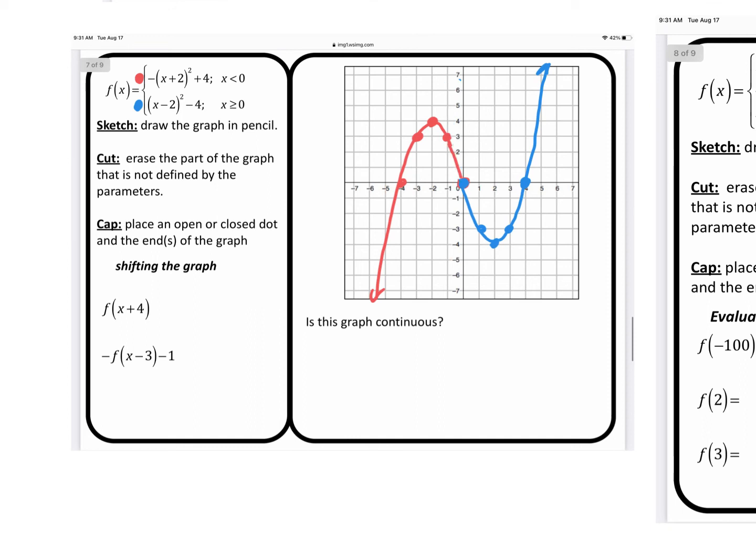Okay, and I also want to bring up that you notice it ends right here on the same dot. Before, the red had an open dot, and then the blue had a closed dot on the same spot. So if you have an open dot and then something ending on there, the filled in is always going to win. So that counts as a filled in dot right there.